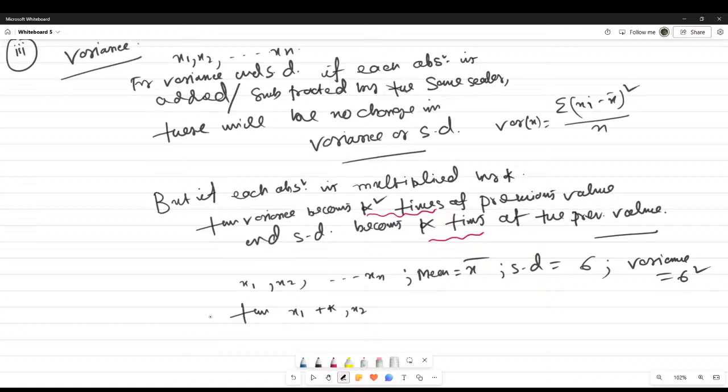Then for x1 plus k, x2 plus k, and so on up to xn plus k, the mean remains the same, SD remains the same, and variance also remains the same. Okay, they remain unchanged.